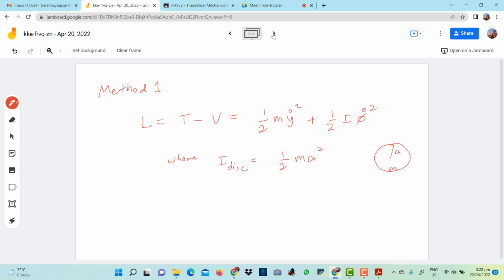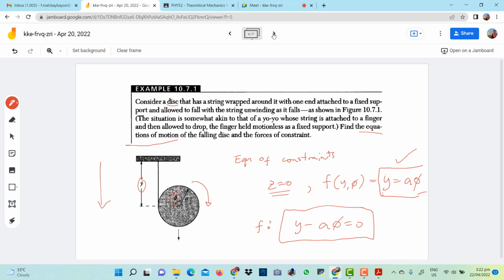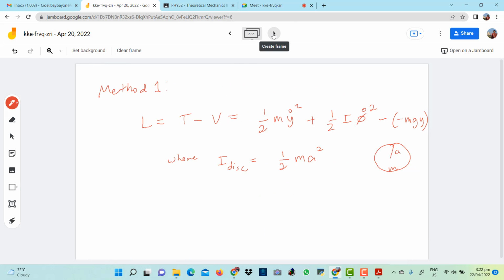So if I substitute I disk equal to 1/2 m a squared, then I'm still missing the potential energy. The potential energy is minus mgy. Right? The potential energy is minus mg times y, because this will be your ground, this will be your origin, and your disk is below the origin, so therefore the potential energy is minus mgy.